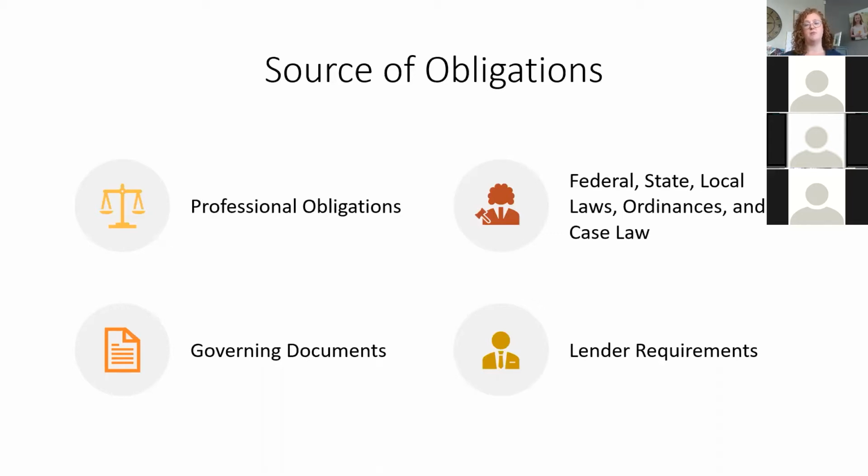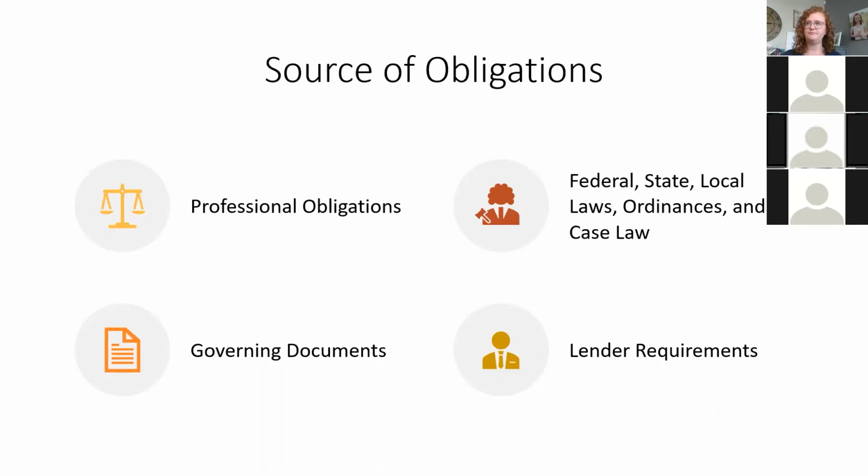For example, you might have something in your governing documents that requires a certain level of notice to a mortgagee if you're going to be making substantial changes to your governing documents. So there are multiple different sources that we look at when we examine what the obligation is for a community and what they are responsible for.